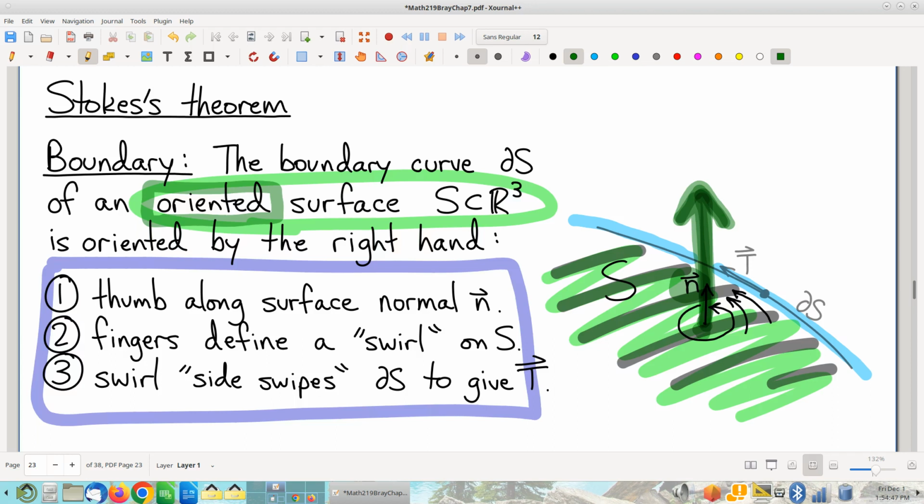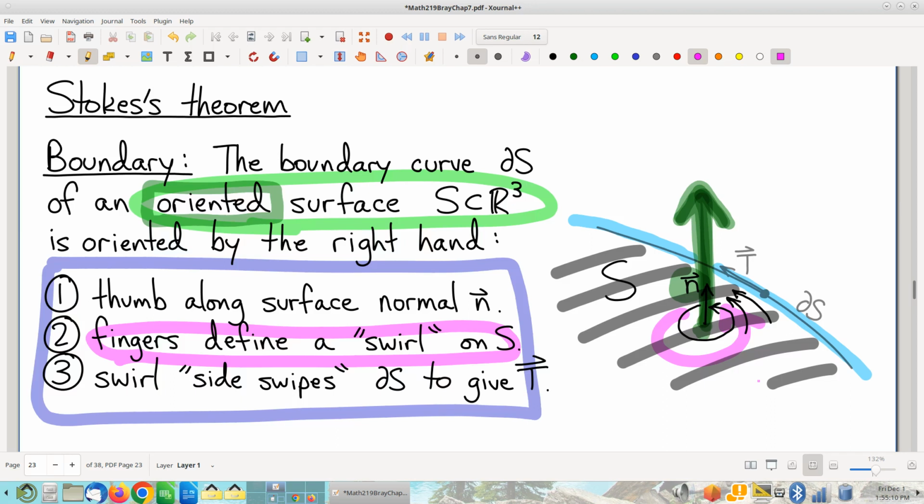Now your fingers want to bend. They kind of want to curl around your thumb in a particular way. You look at how your fingers curl around your thumb. That defines what I'm going to call a swirl. And I like to draw the swirl kind of like that. Let me get rid of all this green. It's kind of messing up my picture here. There we go. Fingers of your right hand define a swirl.